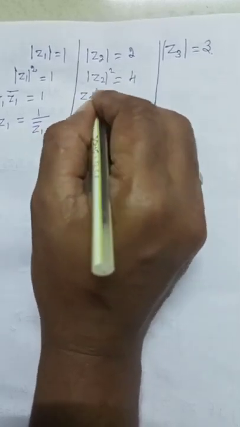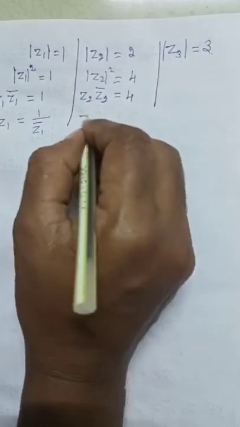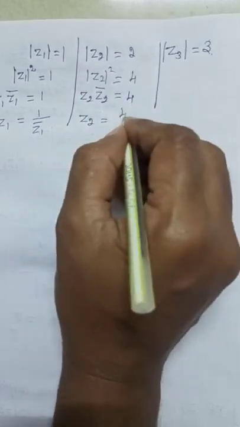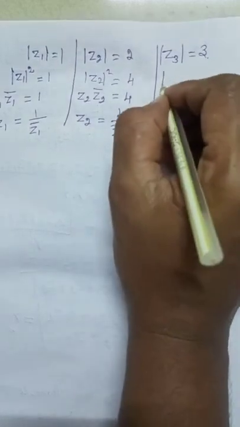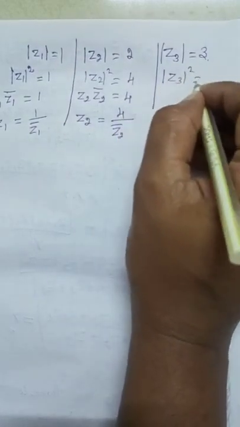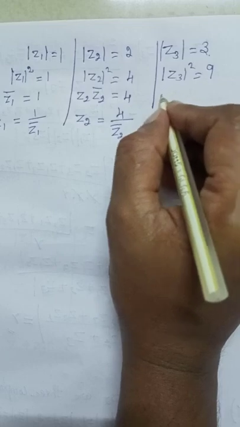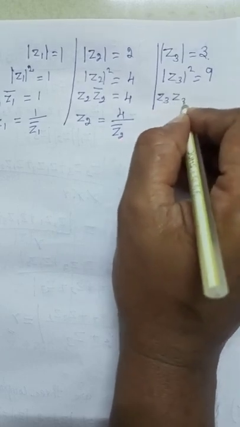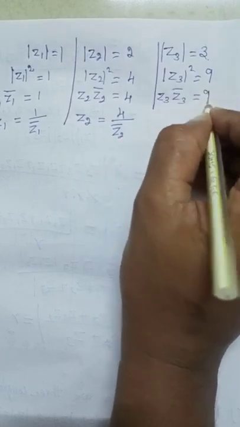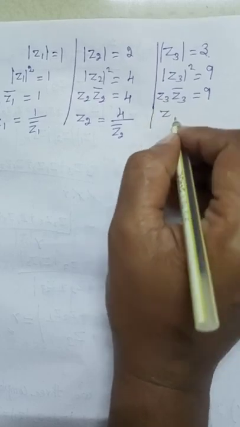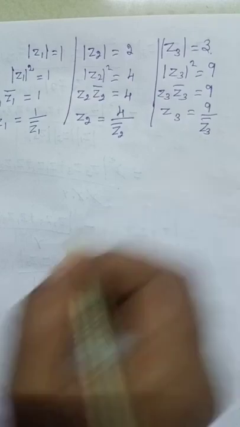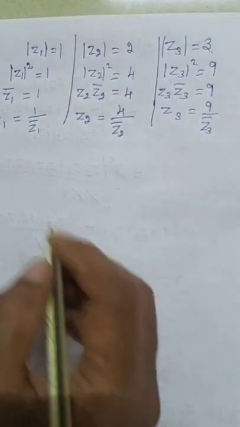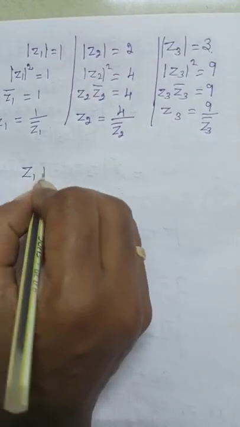Z2 into Z2 bar is equal to 4, or Z2 is equal to 4 by Z2 bar. Similarly, modulus Z3 the whole square equal to 3 square, 9. Now Z3 into Z3 bar is equal to 9. From this Z3 is equal to 9 by Z3 bar. Is that clear? Same like I am going to find it out.